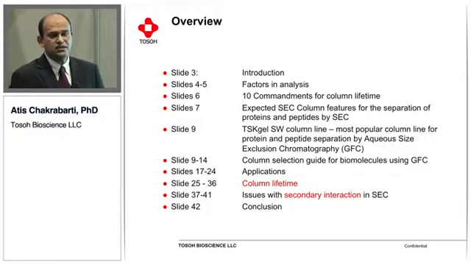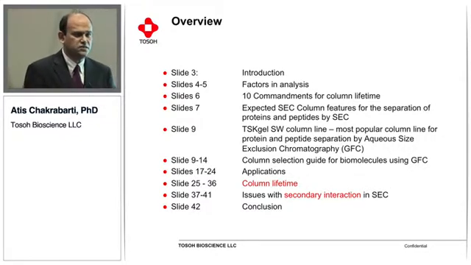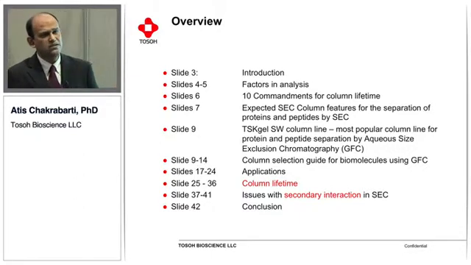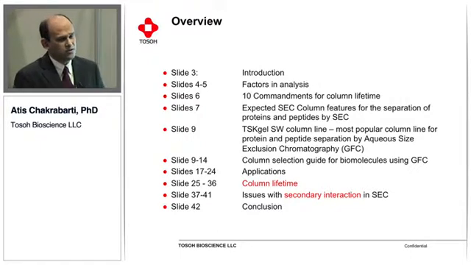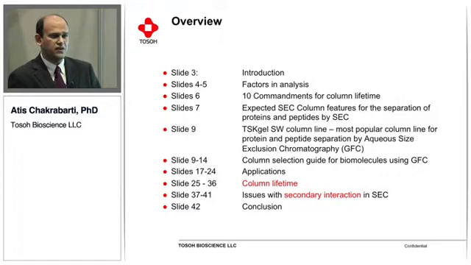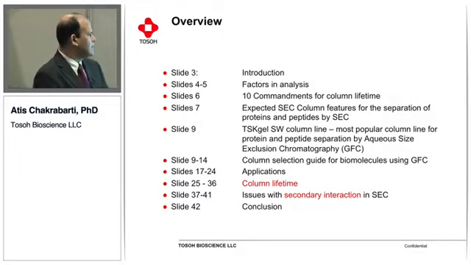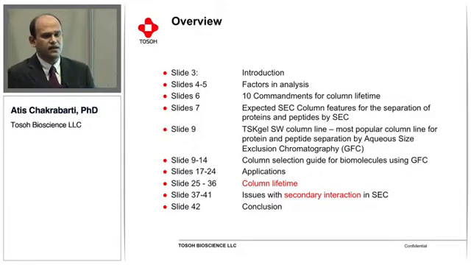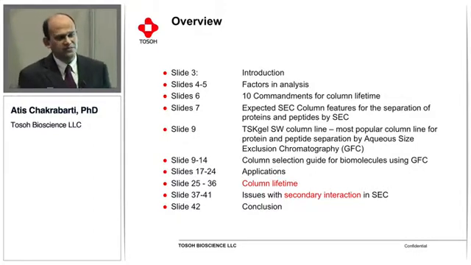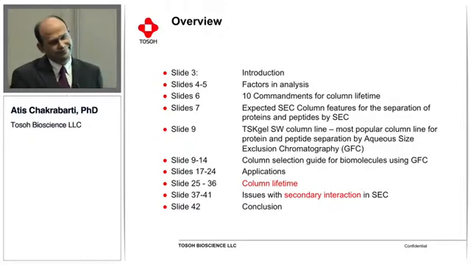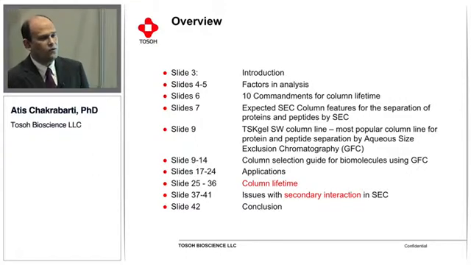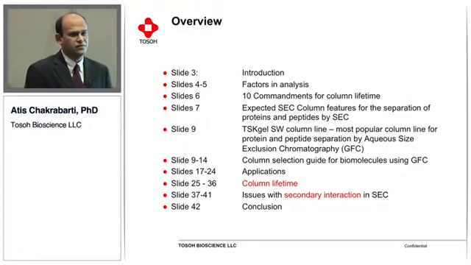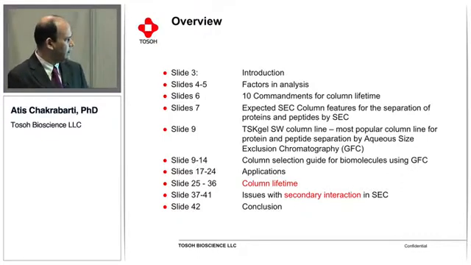And then applications, I'll select mostly the applications which are based on the separation of the proteins, monoclonal antibodies, peptides and so on, separation of the monomer from the dimer or aggregates like that. And as you see here, I put the column lifetime in red because that's a very important issue. When you spend some $1,700 or so, you need a column which is very stable. So I'll talk about that little more in detail.